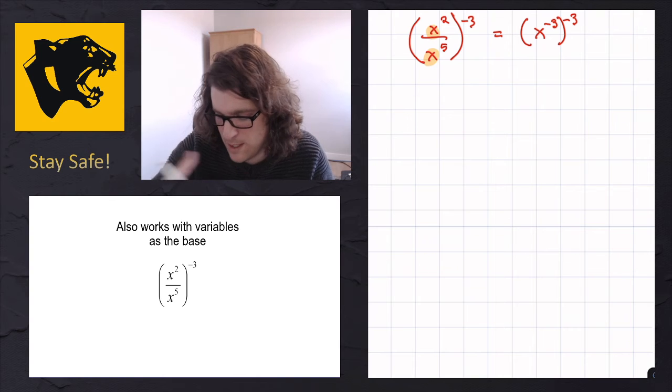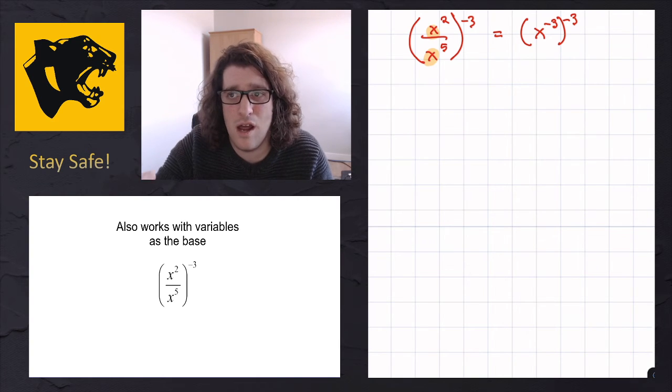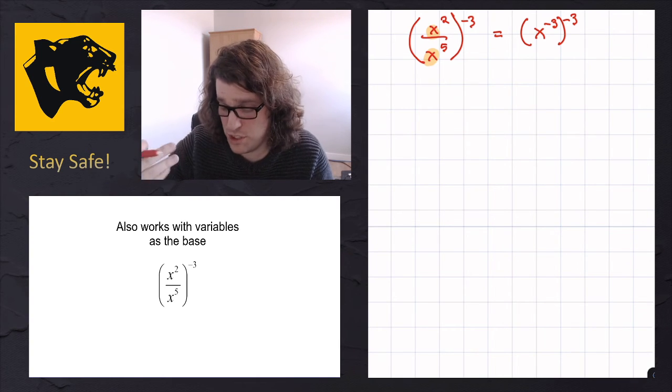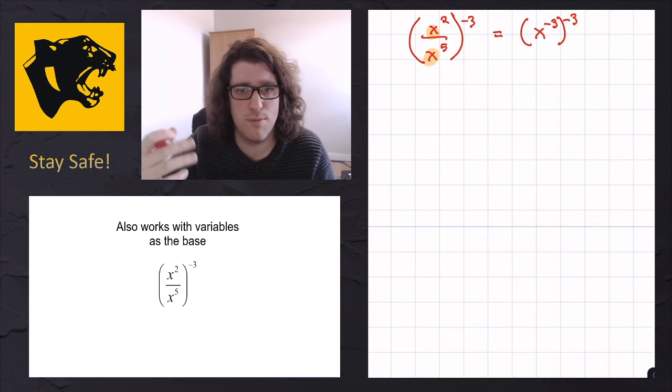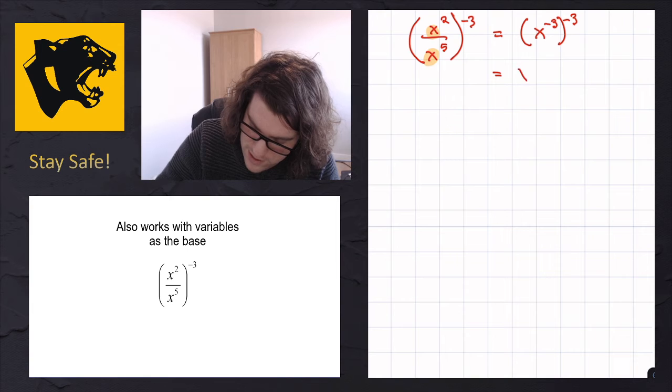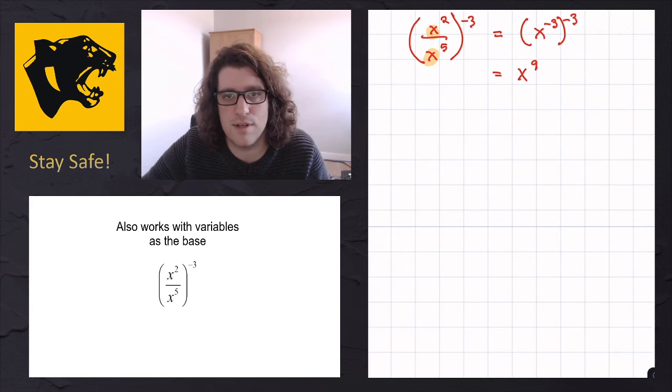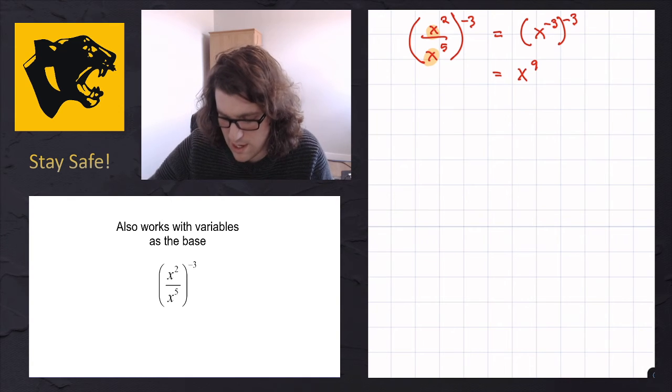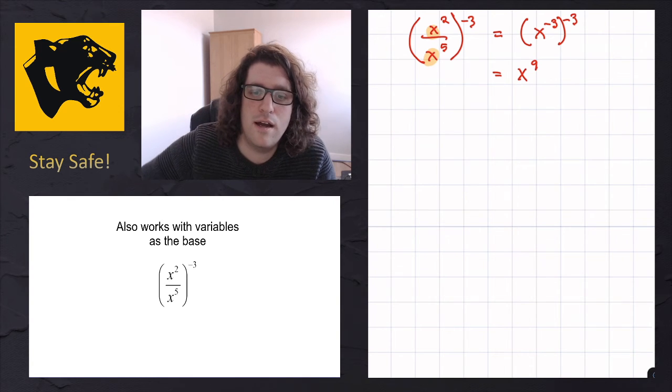So next up, I have something that has an exponent raised to another exponent. That is a multiplication of those two exponents, and so in the end we'll have negative 3 times negative 3. A negative times a negative gives us a positive, and 3 times 3 is 9. So we would get x to the power of 9 as the simplification of that one.